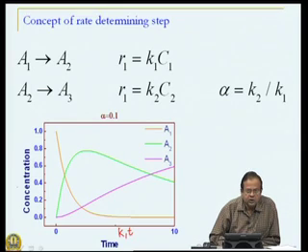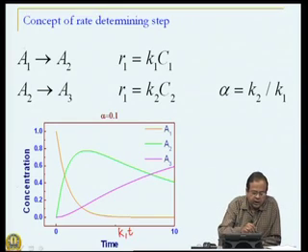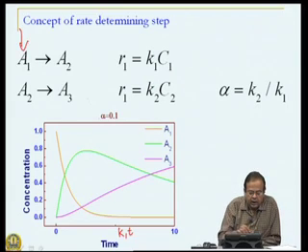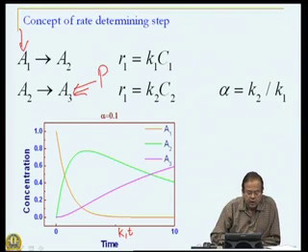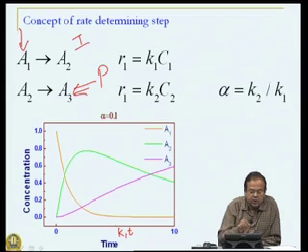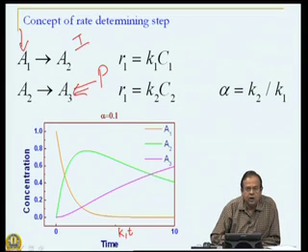I am going to say that A1 is my main reactant and A3 is my main product that I am interested in, and A2 is an intermediate which is appearing in this reaction scheme.